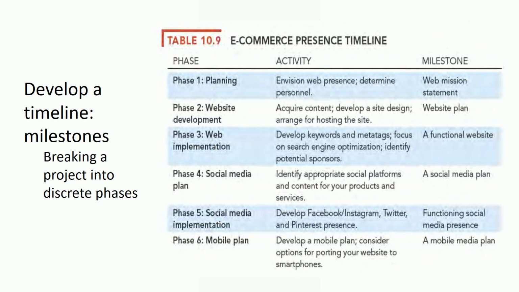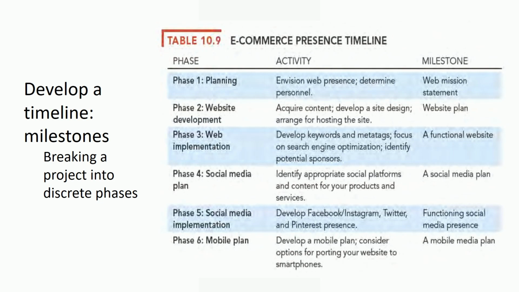And then social media implementation. Develop Facebook, Twitter, to engage more with the customers. And if they have comments or questions to ask, they can reach us easily by using a social media platform.